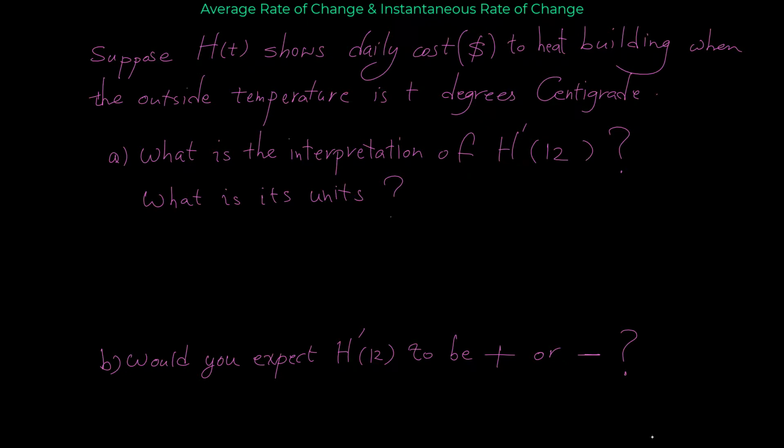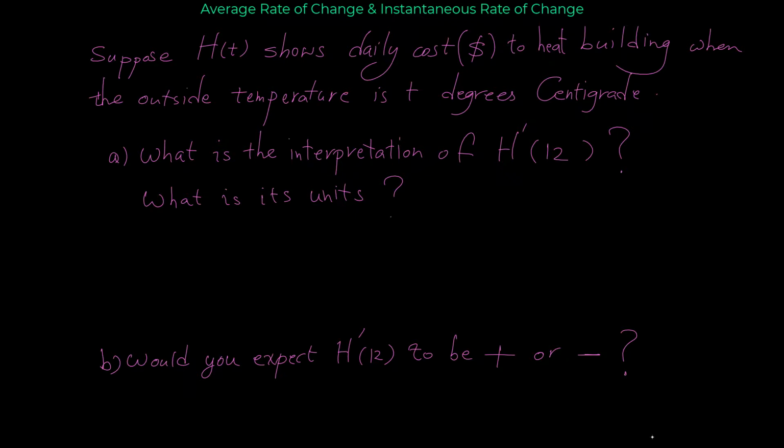When we see prime, it means derivative. But what is the derivative? What is the meaning of derivative in this question? Remember, derivative has one interpretation that is useful for word problems: rate of change. When we find a derivative, it has a different interpretation too, a slope.